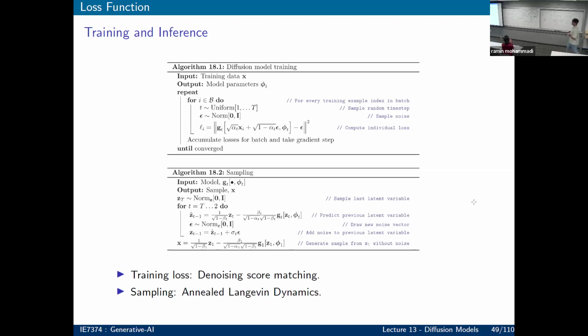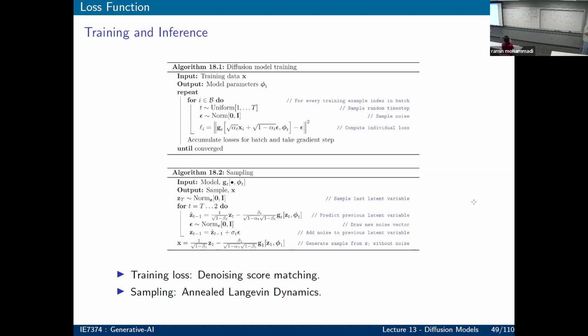This is not doing training; your training is done. It's for generation. So the previous timestamp comes from this value. You sample some noise and add it to it. Remember, as we saw before, in Langevin dynamics you have this epsilon, so even though you're denoising, you will still add some noise to it.